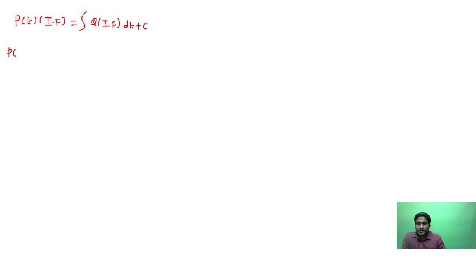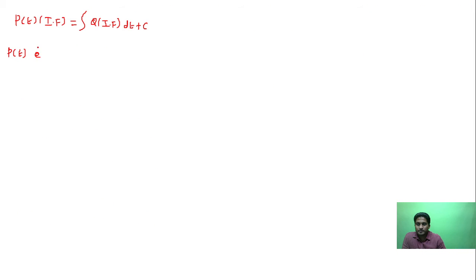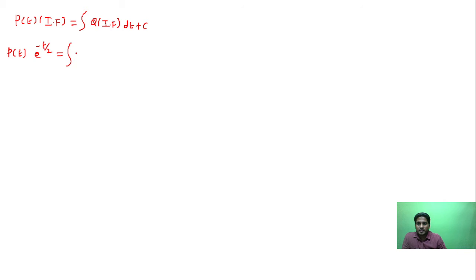So p of t into e power minus t by 2 is equal to integral of q, which is minus 200, into integrating factor e power minus t by 2, dt plus c.